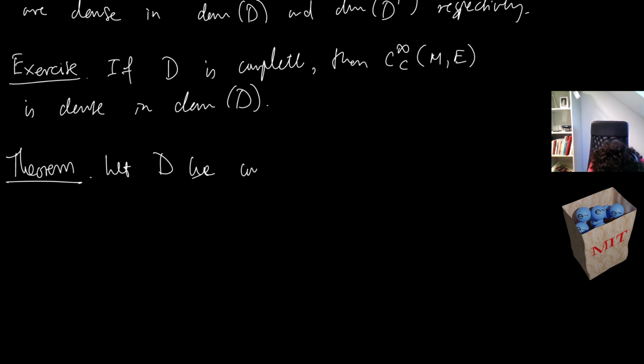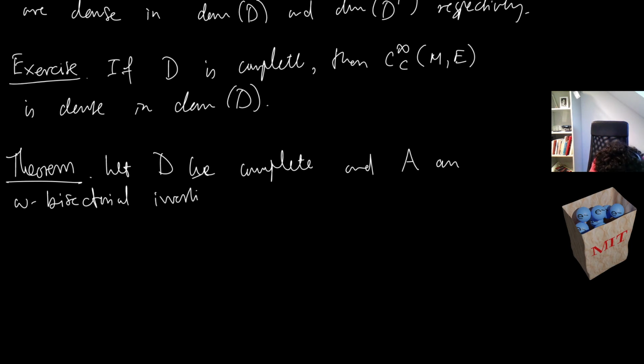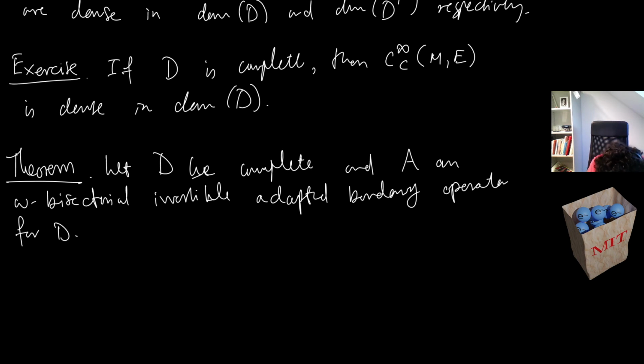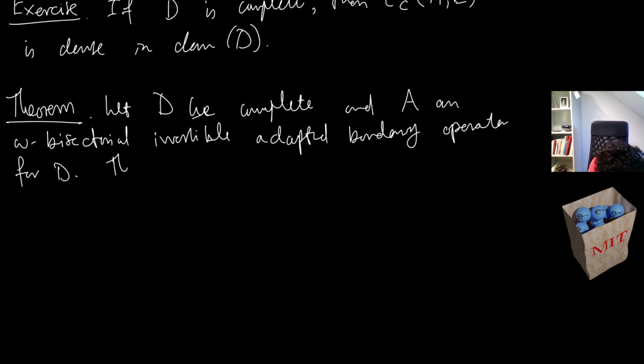Let D be complete, and A an omega bisectorial invertible adapted boundary operator for D. Then the H check space of D is equal to the H check space of A D naught.